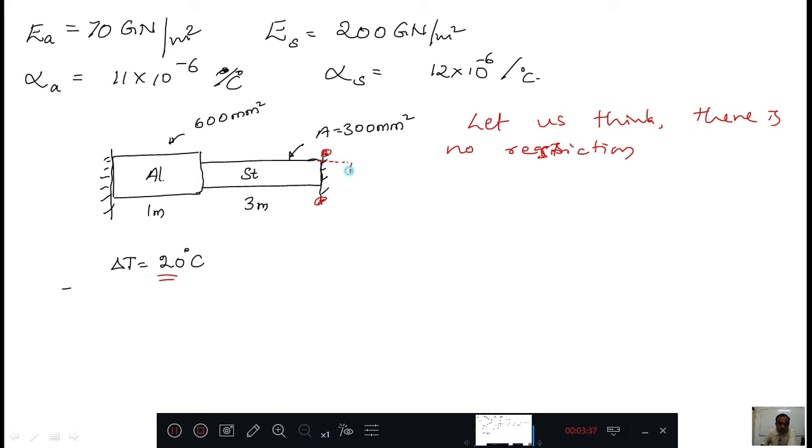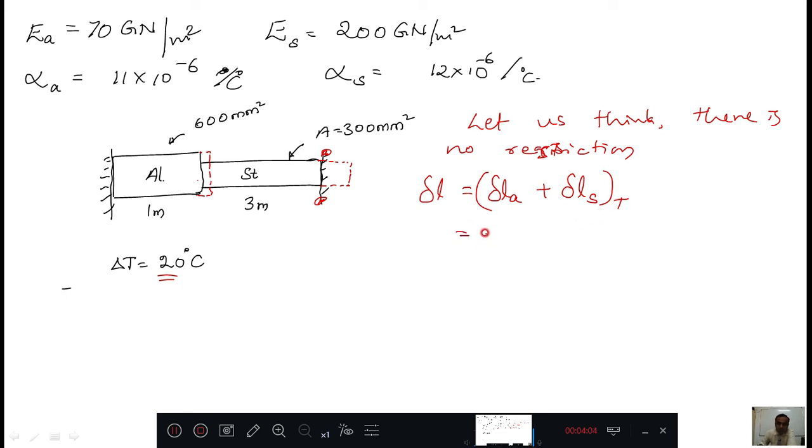But actually, this also expands, which means this bar pushes this one, therefore it comes here, and this also expands. Therefore, total expansion is equal to expansion in the aluminum plus expansion in the steel due to temperature, because we are not pulling it.